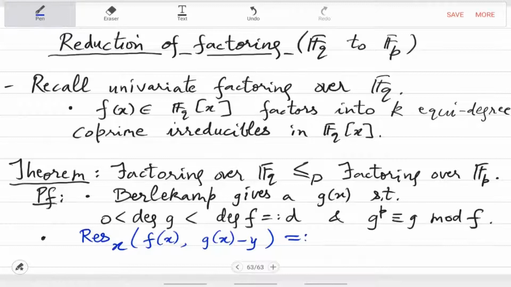Think of taking the GCD of these two bivariates, thinking of y as a formal variable. Do not fix y to a number. You are interested in the GCD of these two things with respect to x. So analogously you should take the resultant of these two. When you take the resultant, this becomes a univariate in y. Let us call this H(y).